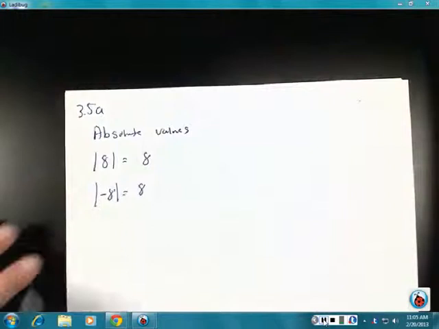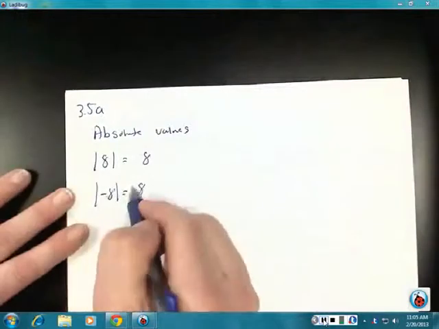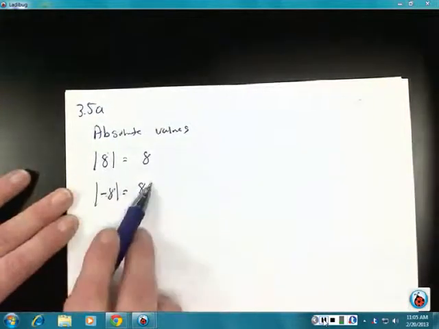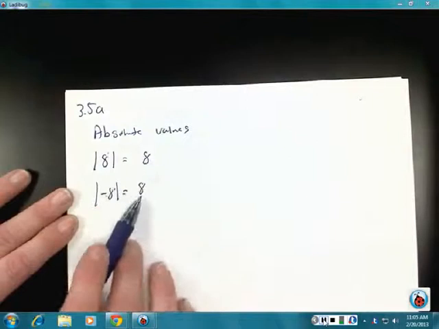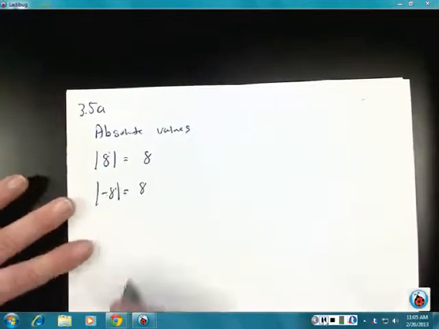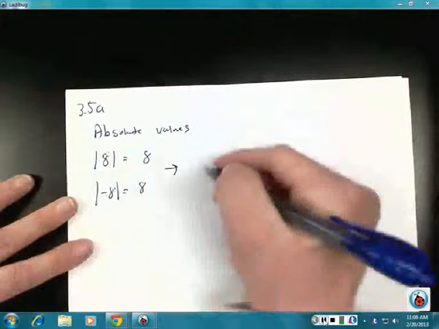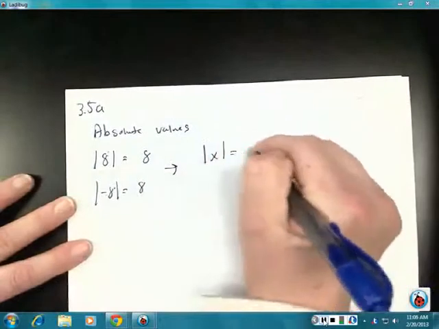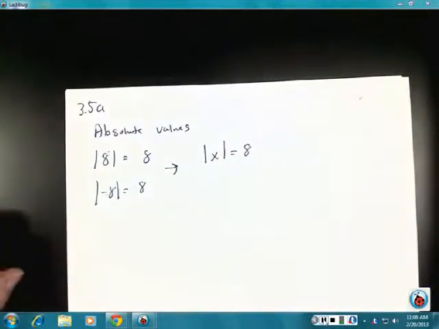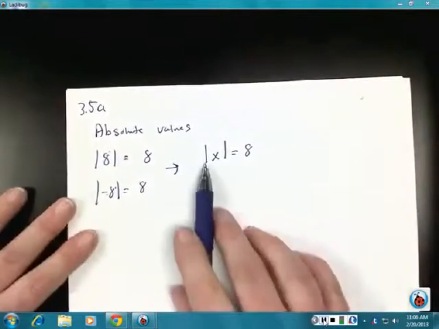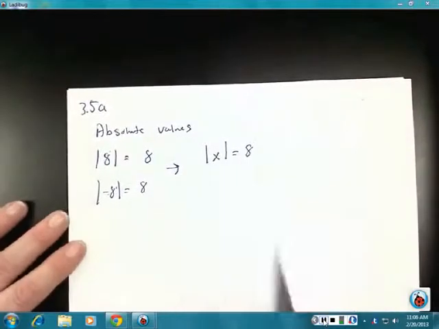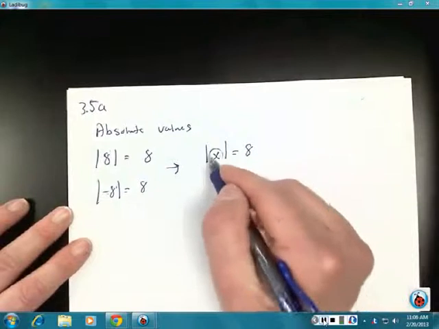Because whatever's inside of here, when I take it outside, becomes positive. We all remember that. Well, the problem comes in when you have the absolute value of x is equal to 8. What would my answer be? Well, if the absolute value could be 8, what could x possibly be in here?